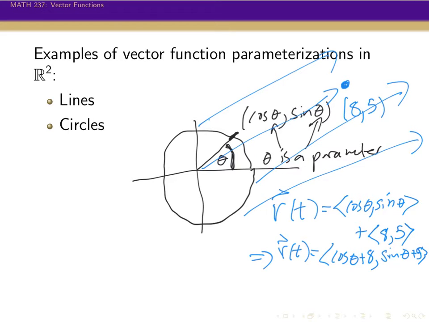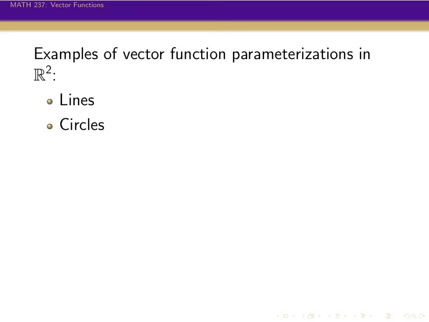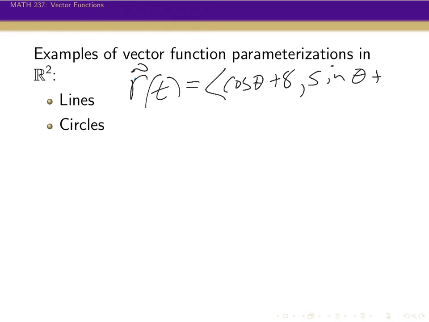Okay, so let's get rid of this and start back with that parameterization I gave: cosine of theta plus 8, sine of theta plus 5. My claim is that this will draw out a circle of radius 1 centered at 8, 5.